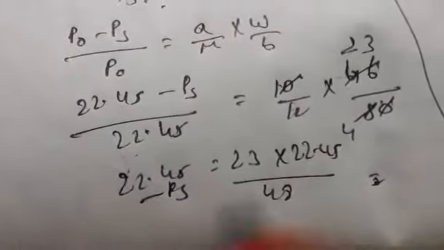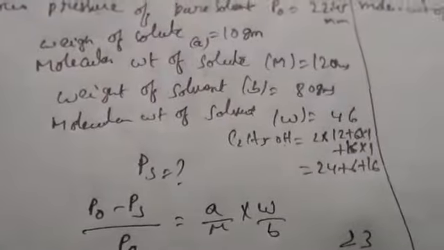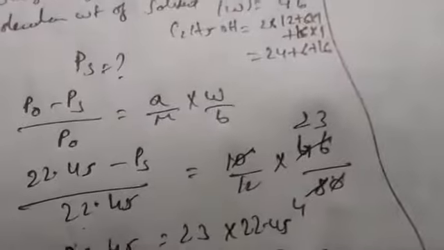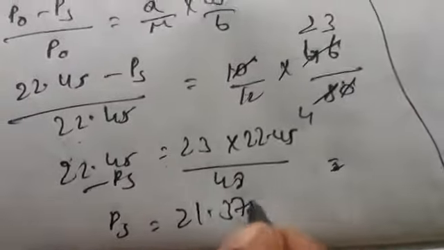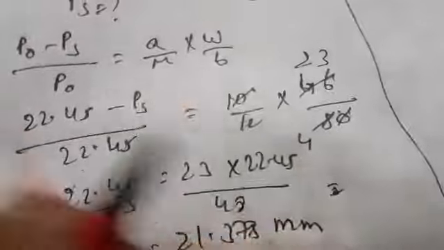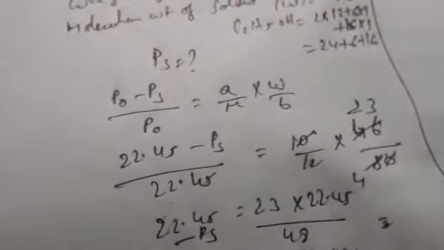So PS is equal to how much? 21.378 mm. By calculating this, PS we are getting 21.378 mm. So this is the calculation of the vapor pressure of the solution.